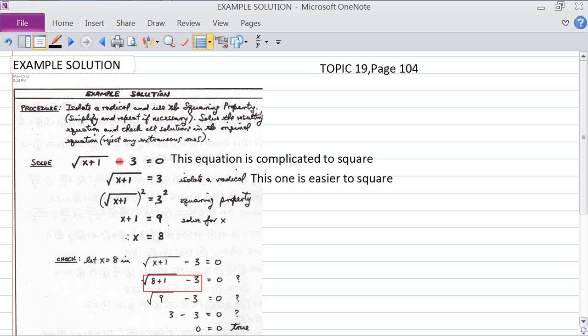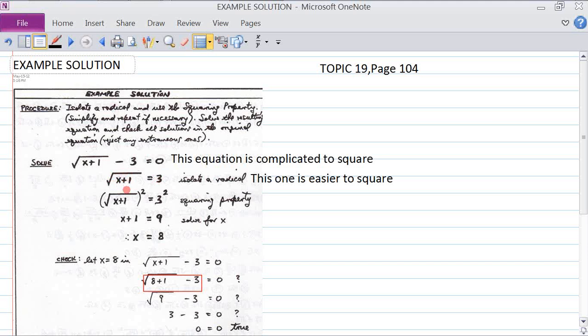Now, if you, on the other hand, transpose the minus 3 to the other side, and we get this, squaring it, which is what we're doing when we isolate the radical. So now we've isolated the radical with the unknown by itself. This number 3 is now on the other side of the equation, so we've isolated this term. That's what it means.